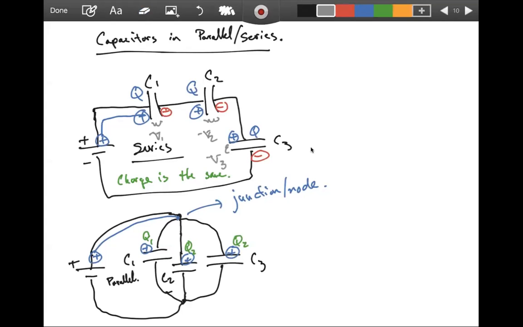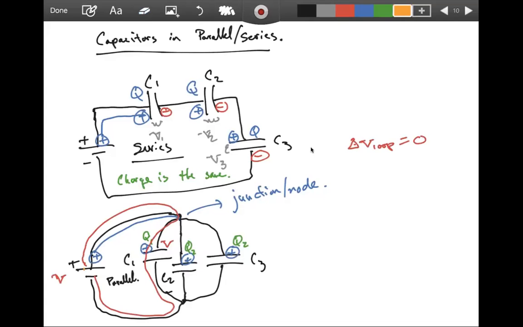Now, contrast that with the parallel one. For parallel, what we know is that by the loop rule, the change in potential through any loop has to be equal to 0. Notice I have 3 different loops. I can start off with the battery, run through the left leg, and go back through the battery, which means if this has a potential of V, then this also has to have the same potential of V by the loop rule.